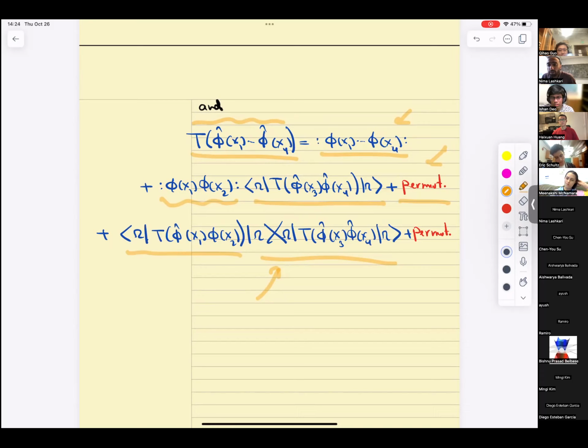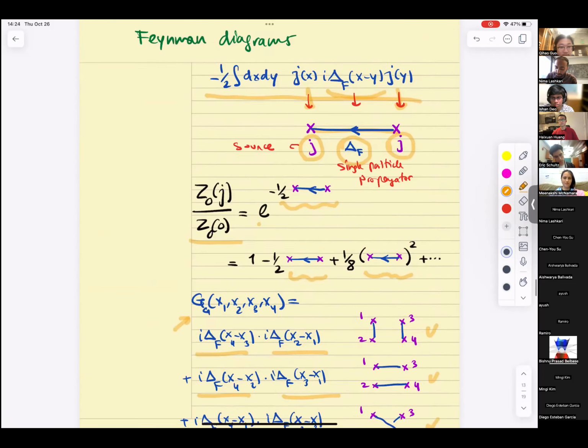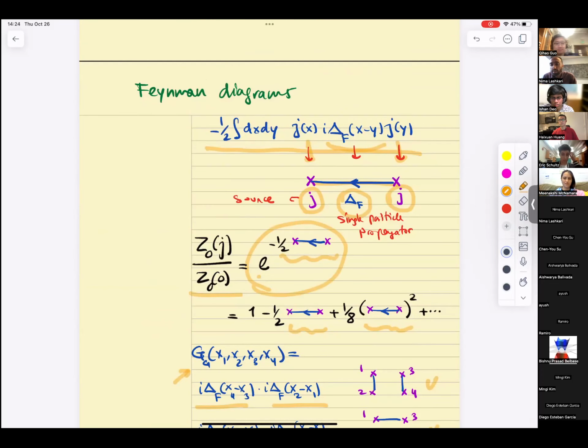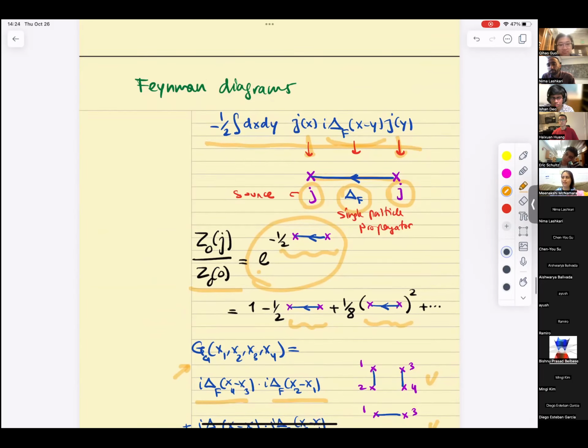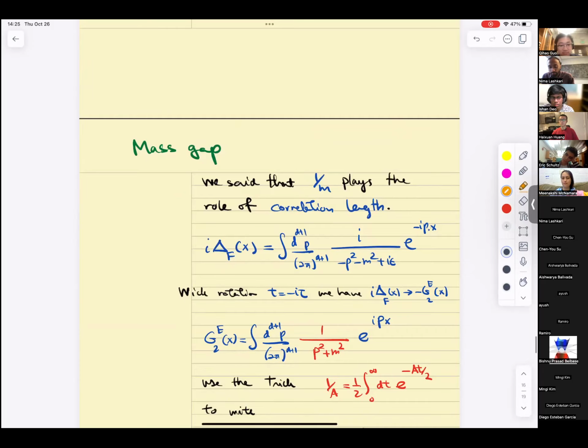Because you know the generating functional is just a Gaussian, e to minus half integral of j propagator j. Keep this guy in mind. This guy is your friend for free field theory. Okay, any questions?